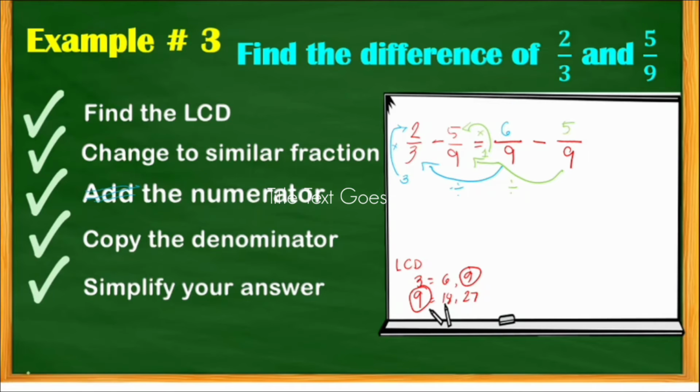So our similar fractions now are 6/9 subtracted by 5/9. Now we perform the steps: copy the denominator and subtract the numerator. 6 minus 5 is 1. And then copy the denominator of 9. Then lowest term our answer. 1/9 has no common factor, so this is our final answer.